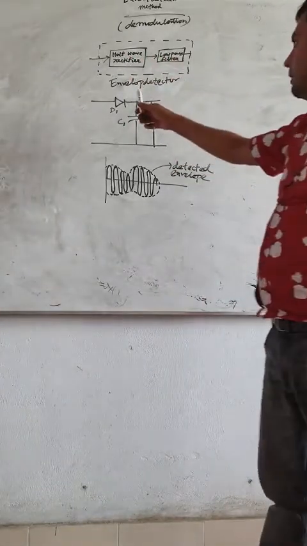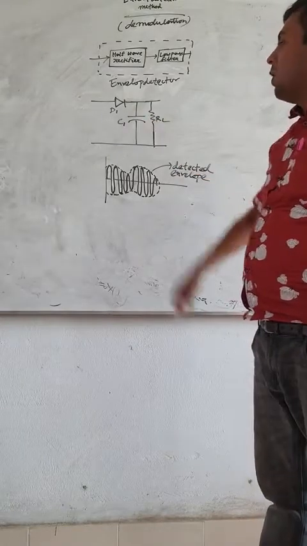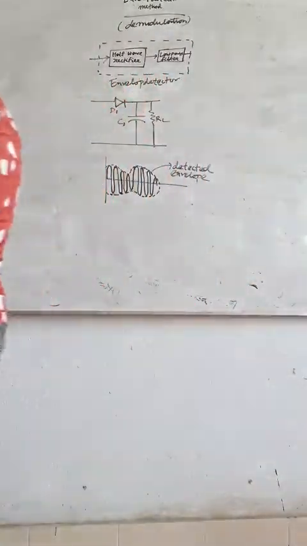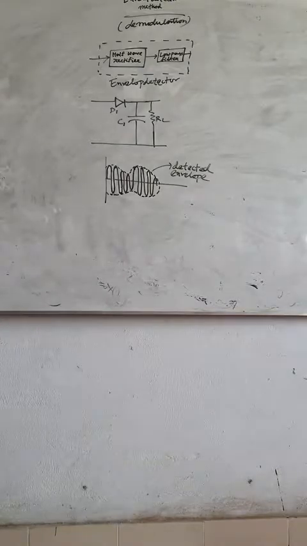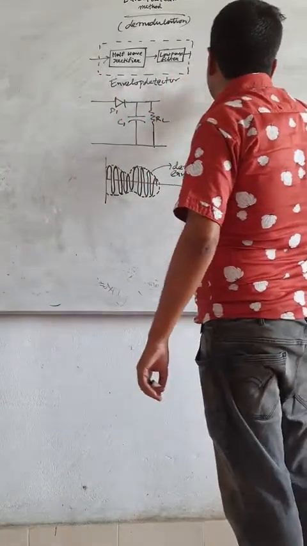See carefully, this is a half-wave rectifier with a filter. What will a filter do? The half-wave rectifier output will be like this.